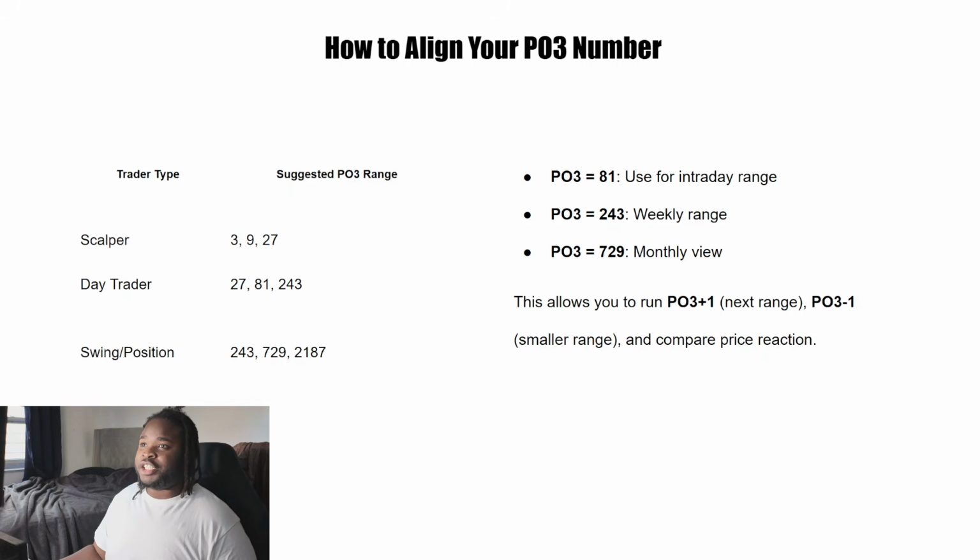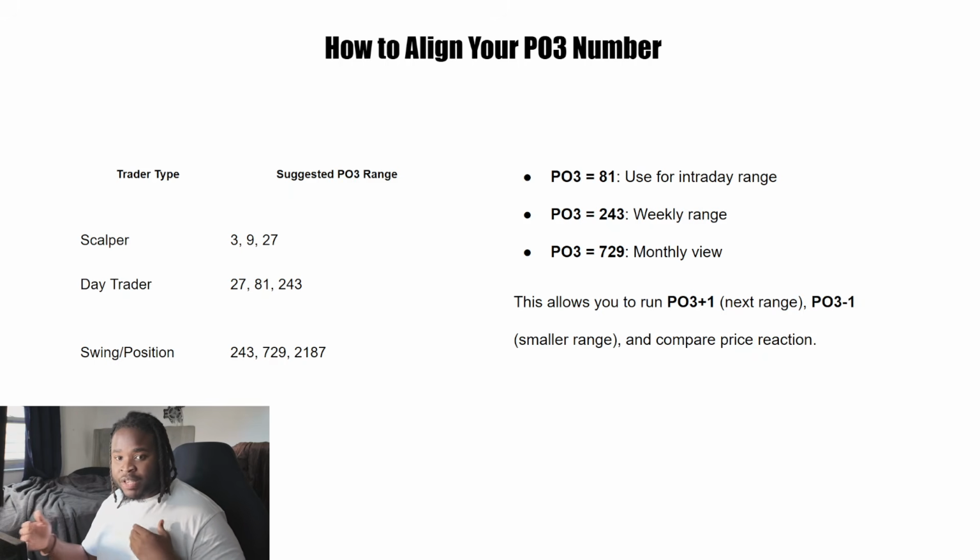And obviously the suggested ranges for that are the 3, 9, 27 for a scalper, the 27, 81, 243 for a day trader, and the 243, 729, 2187 range for your PO3 numbers, right? So you can get an idea what ranges you should be using if you want to execute a specific trade idea.